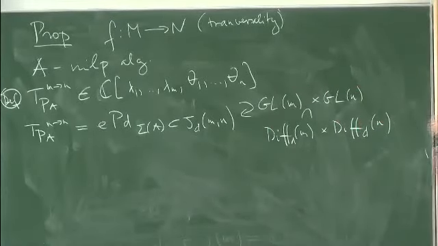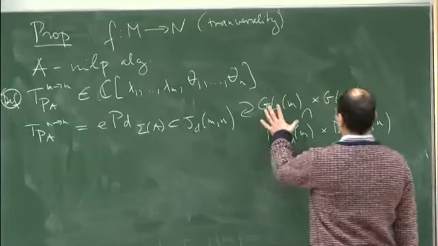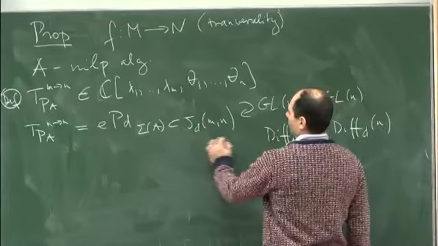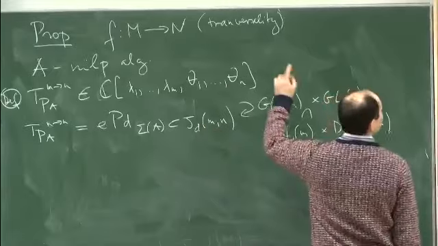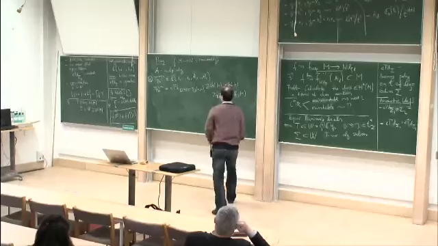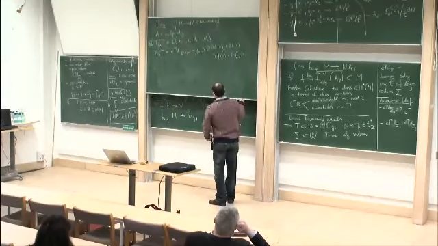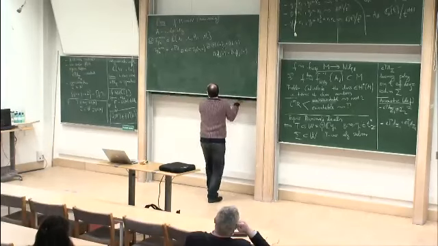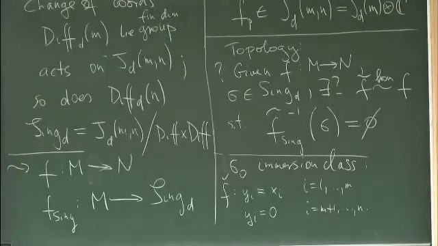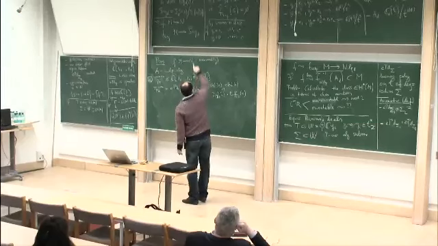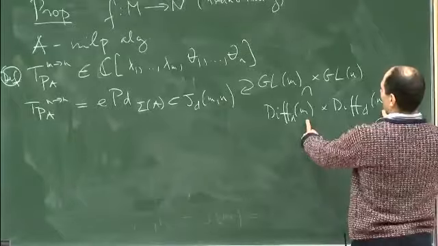Okay, so what have we done? So remember, the original setup was that there is this set of map jets, with which I started originally, which I already erased. So maybe it's here. Yeah, so here they are. So there is this J^D(M,N). It appears here, on which the product of these two groups acts.